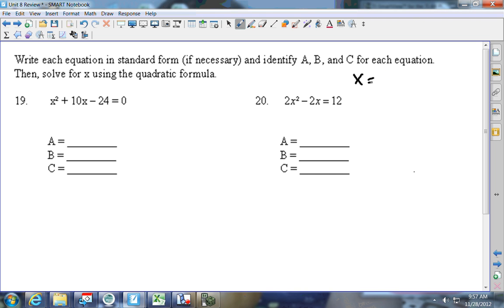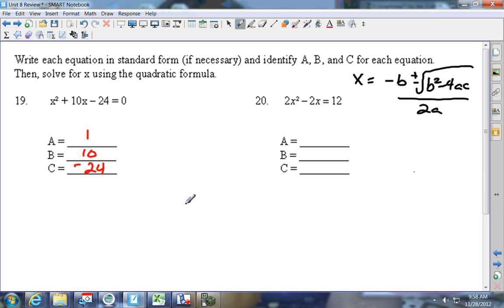She said x equals negative b plus or minus the square root of b squared minus 4ac, all over 2a. Now, before you can find a, b, and c, what does your equation have to be like? Equals 0. Is it equal to 0? Sure enough. So we have a is 1, b is 10, c is negative 24.